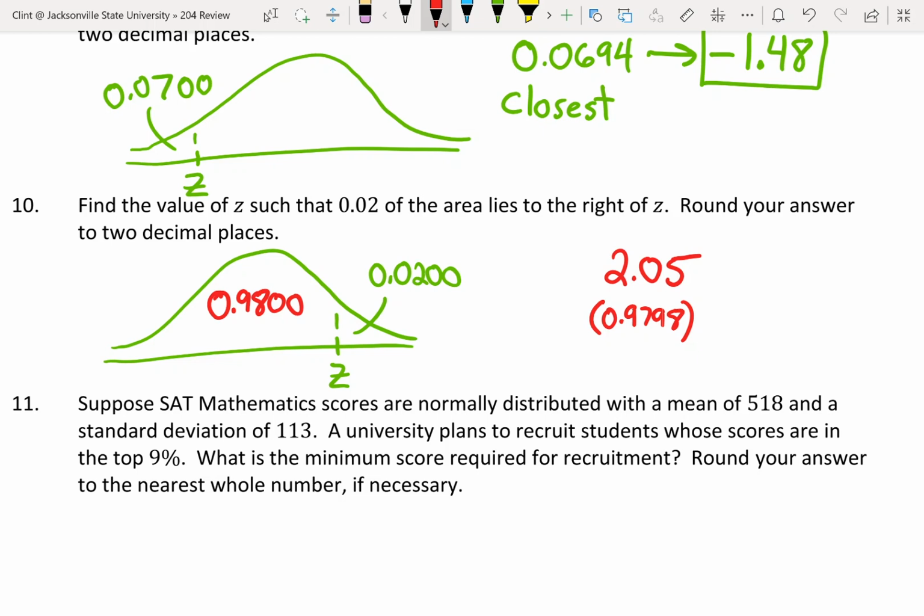So that's negative 2.05. We just have to remember that's on the wrong side, so we need to change the sign. So positive 2.05. We get the same thing either method. That one's a little tricky because there are two areas that are really close.